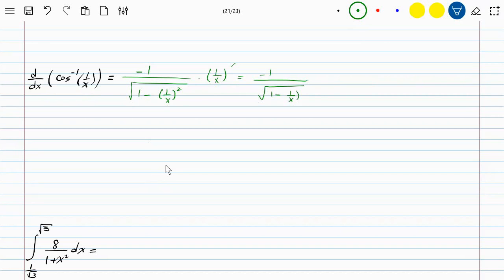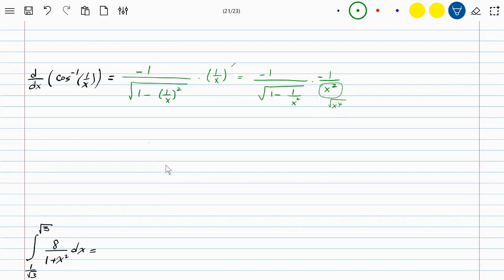By the way, 1 minus 1 over x squared can be written as (x squared minus 1) over x squared this way as well. Times the derivative of 1 over x, if you apply the quotient rule, you will get negative 1 over x squared. Let's skip that because that's nothing new. And instead of x squared, you can write square root of x to the 4th. You may ask, why do you do that?